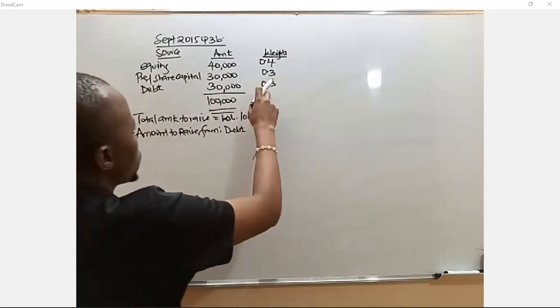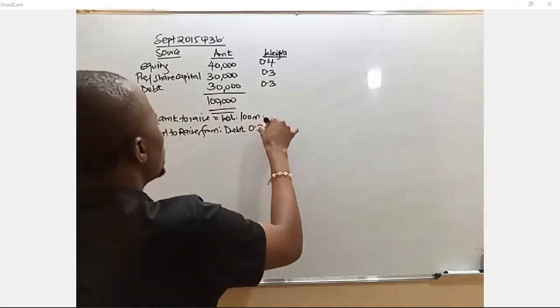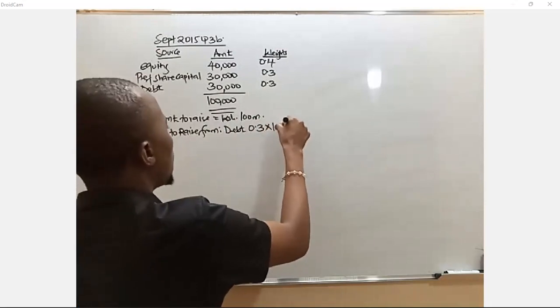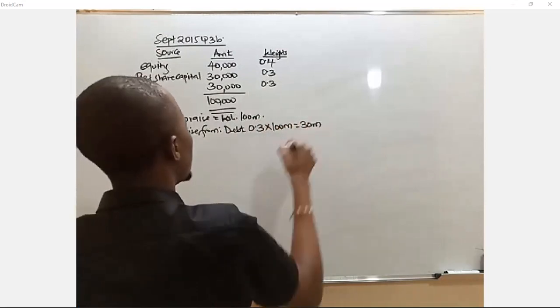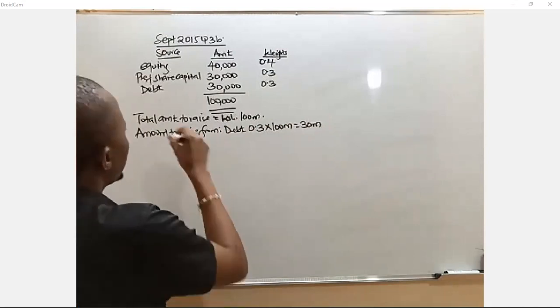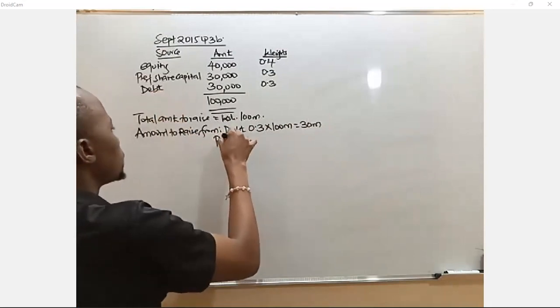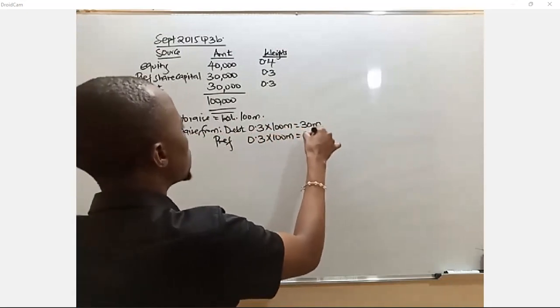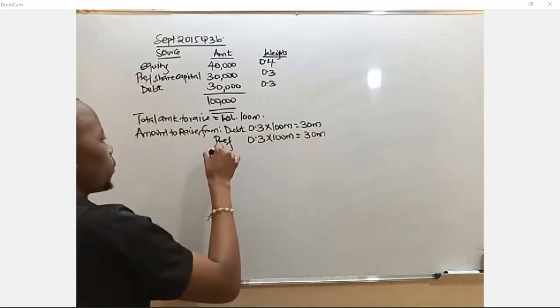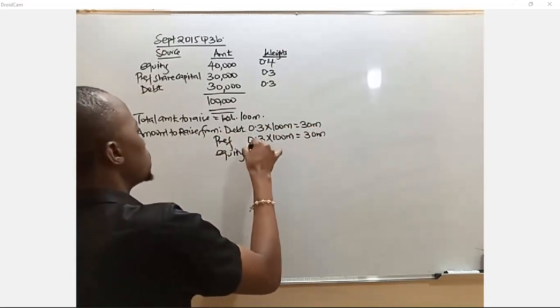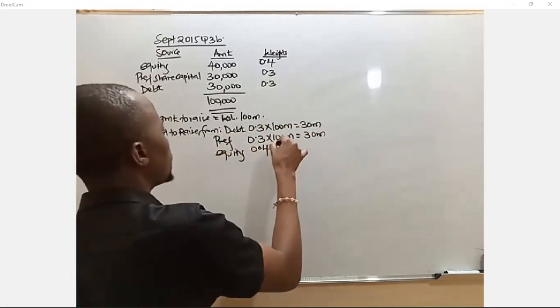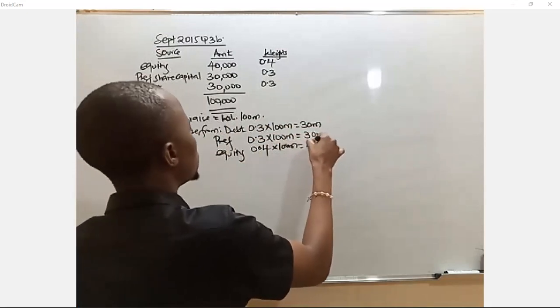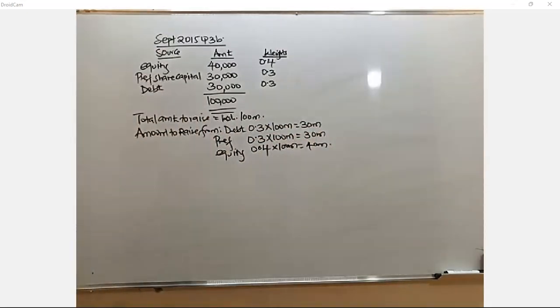You just take the weight, 0.3, and multiply by the amount you need to raise, 100 million, giving you 30 million, right? We have the amount raised from the preference, 0.3 times 100 million, which is 30 million. And the amount raised from equity will be 0.4 times 100 million, getting 40 million. That is what we are being asked there: the amount to be raised from each source, and that is what we were expected to do.